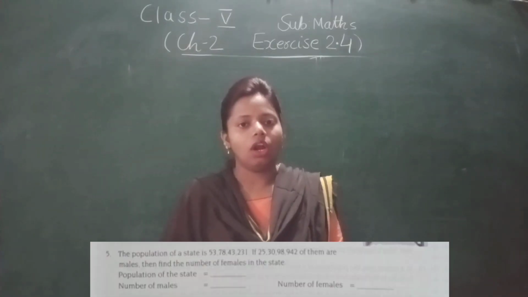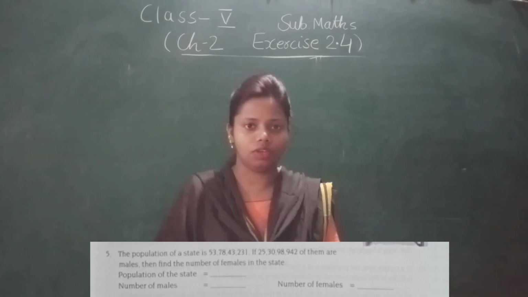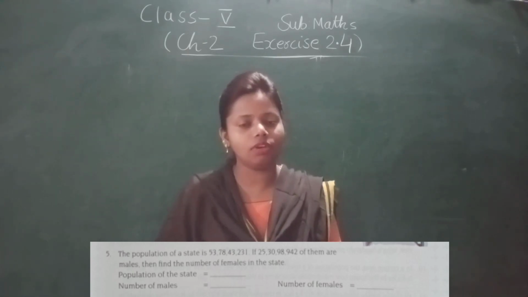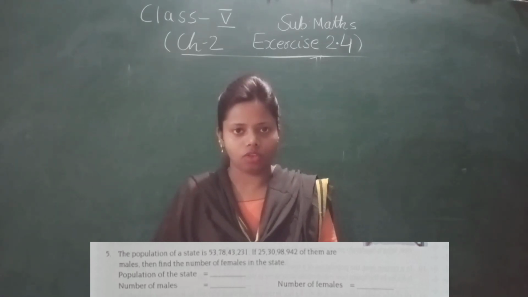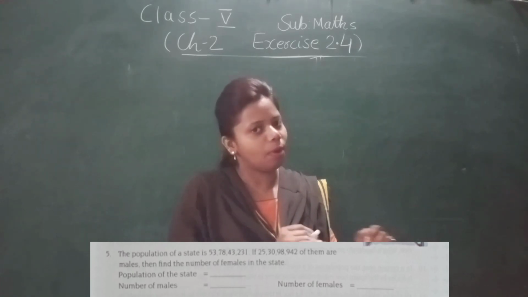In this question, total population and number of males are given, so we have to find the number of females. It is very easy. We will subtract the number of males from the total population.